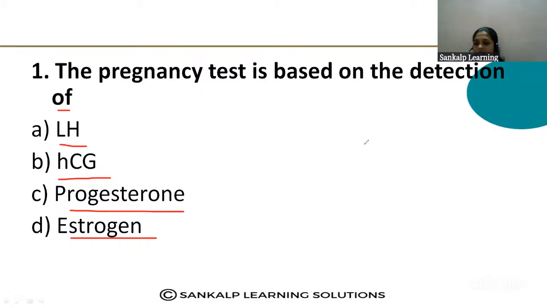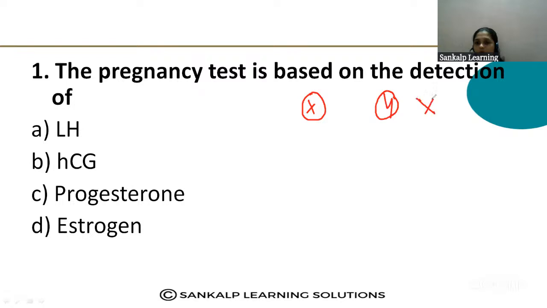How are twins produced? There are two ways of producing twin babies. Here, first, this is the ovum that has the X chromosome, and this is the sperm that has the X or Y chromosome.